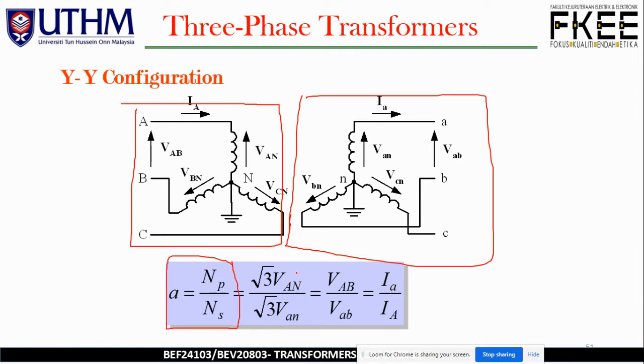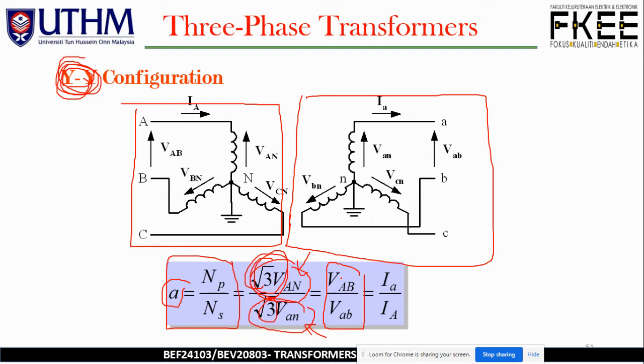This is nothing but square root 3 V_EN over square root 3 V_AN. Both are identical, because again we have star to star or Y to Y configuration. This is for phase voltage and this is for phase voltage. Don't forget to multiply by square root 3.